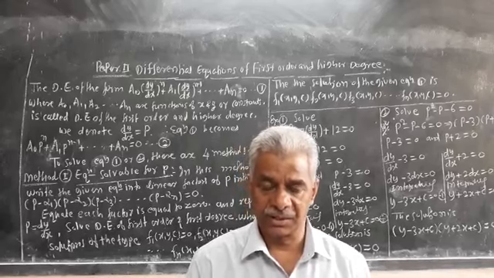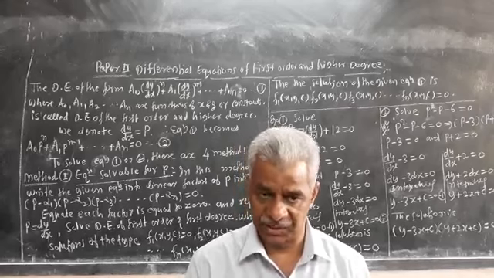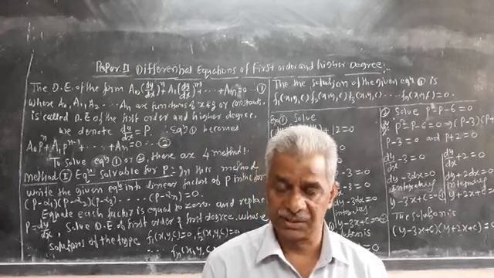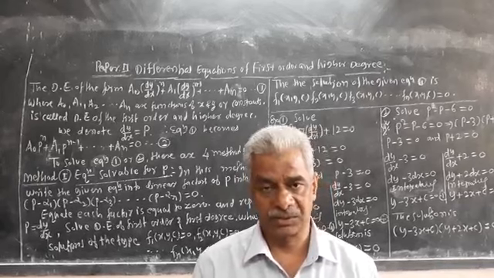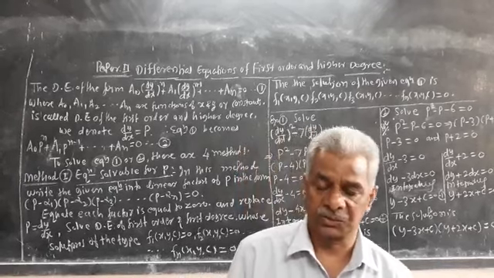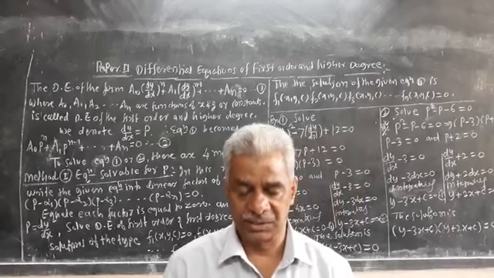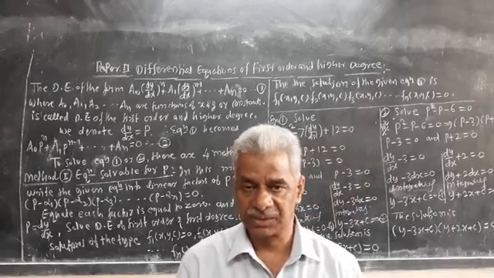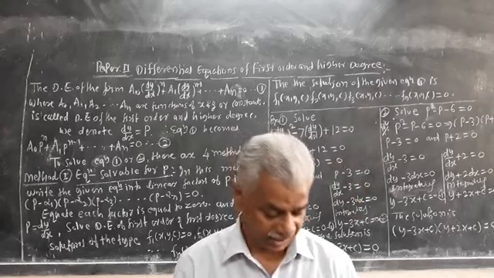When the power of dy by dx is 1, then that equation is called first order with first degree. And so far you have studied the differential equations which are of first order and first degree.